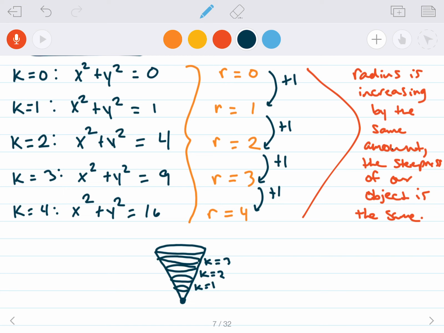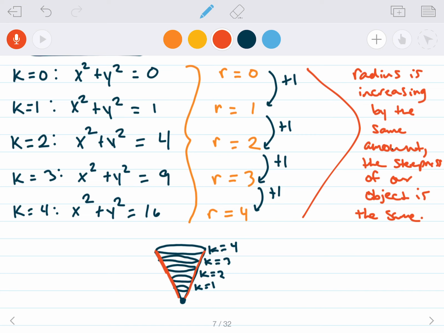I didn't draw that one great. So the steepness is the same. You can see this on the side. If we were to draw tangent lines on the sides, that steepness would stay uniform.